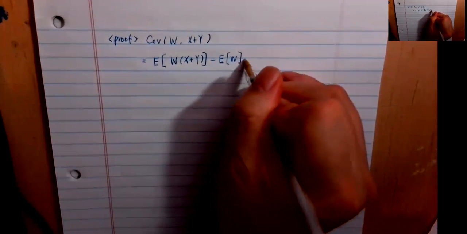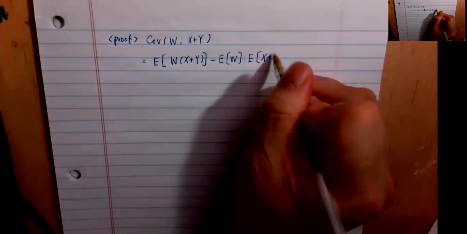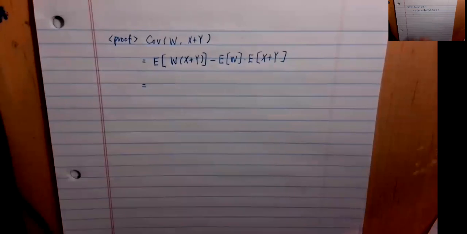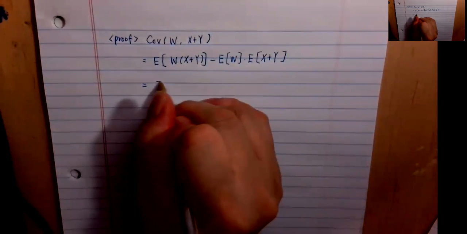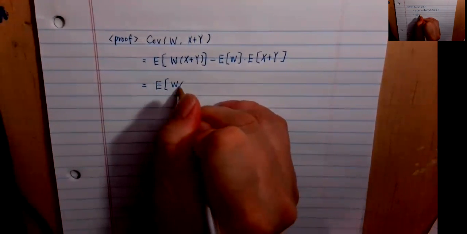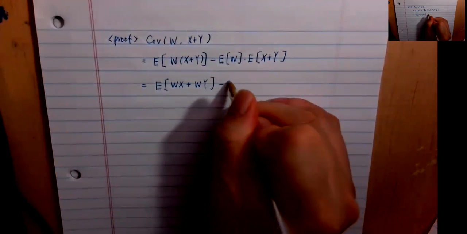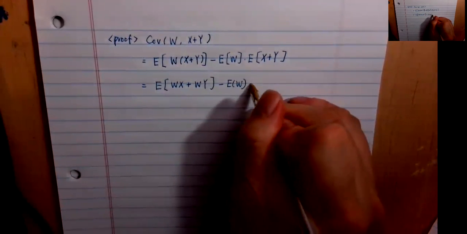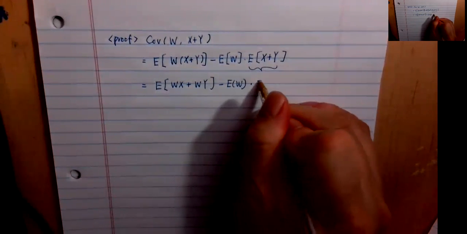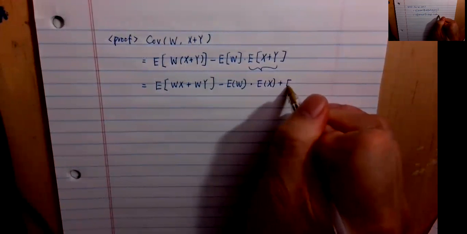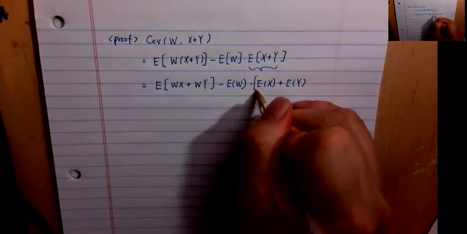By the shortcut formula, this is the expected value of W times X plus Y, and then minus the expected value of W times the expected value of X plus Y. So this gives the expected value of W times X plus W times Y, and subtract the expected value of W times, this can be written as EX plus EY.